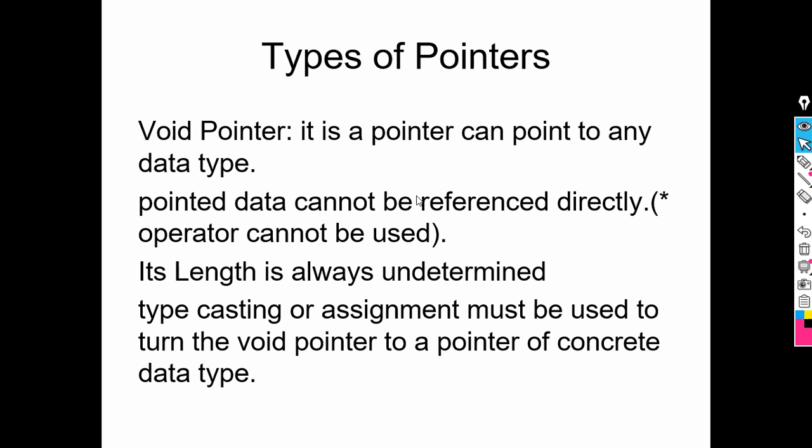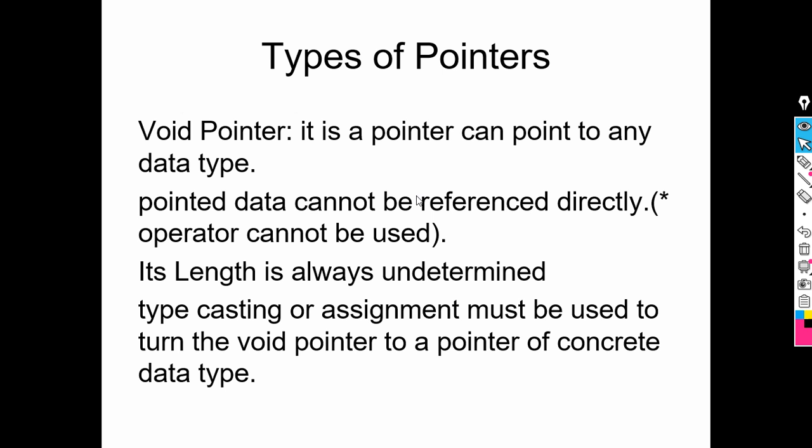So its length is always undetermined. When you have an integer pointer or character pointer, yes, it is determined. But for a void pointer, it is undetermined, right? Typecasting or assignment must be used to turn the void pointer into a pointer of a concrete data type. See, when it is declared as a typed pointer, restrictions are imposed at the time of declaration, and it is clear to the user what kind of data this particular pointer is going to be used for.